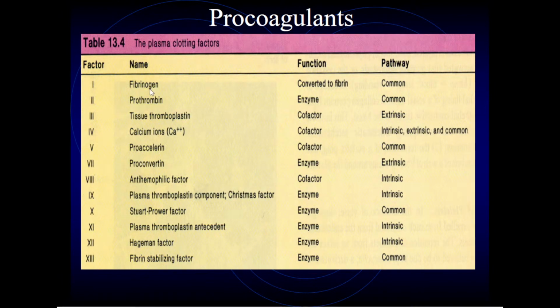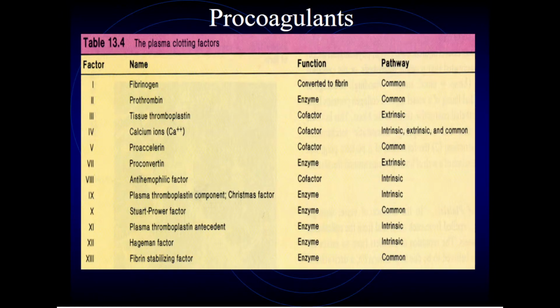These Roman numerals are the plasma clotting factors. Activation of clotting factors is indicated by A.